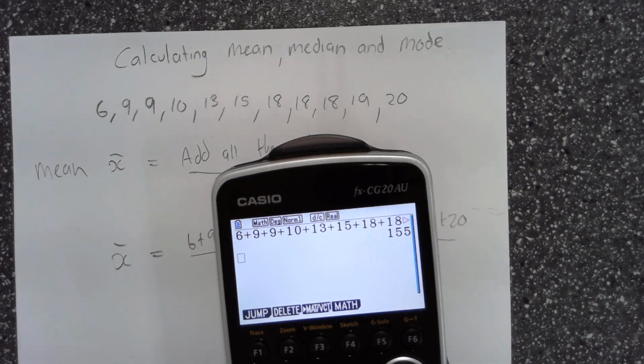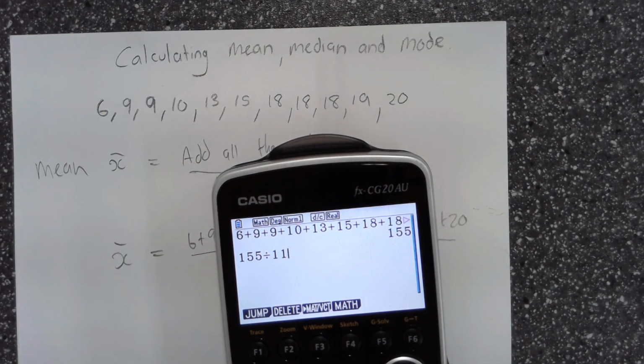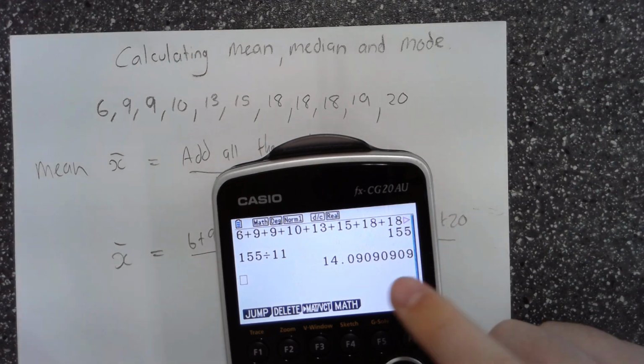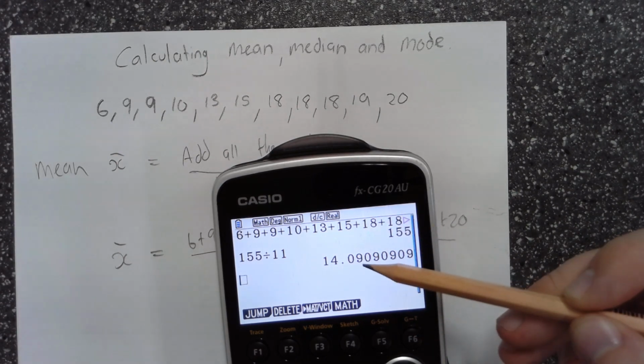Now that we've got that, we're going to do 155 divided by 11. Remember we had 11 data values. So we're going to do 155 divided by 11, and what we get is our mean. You can see though that there's a lot of numbers after the decimal place, 0 and 9 repeating. So we're going to focus on just the two digits after the decimal place, that's the 0 and this 9.